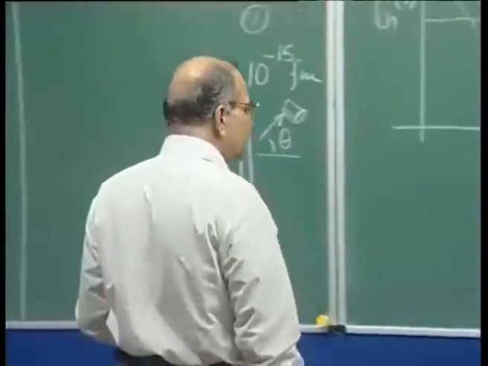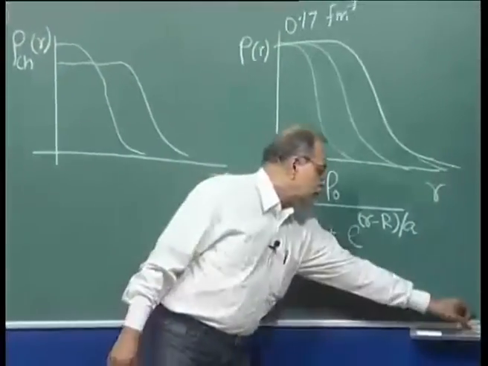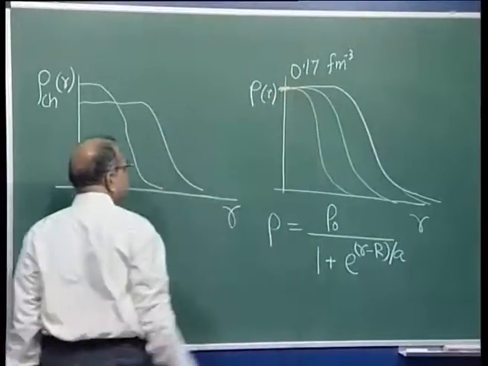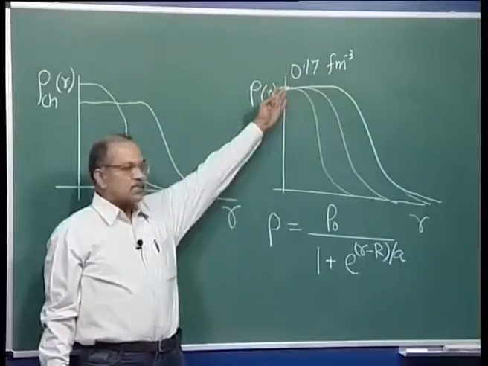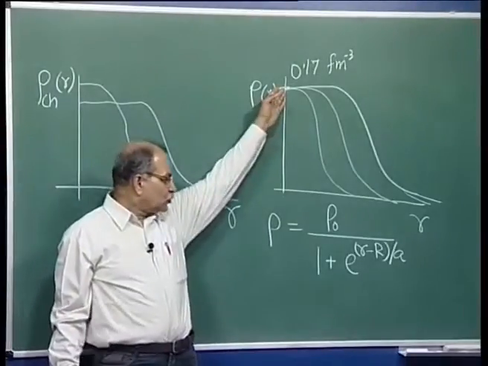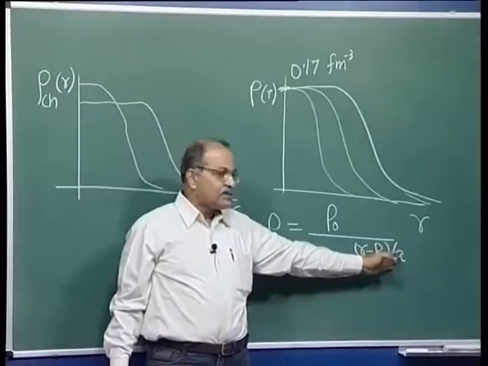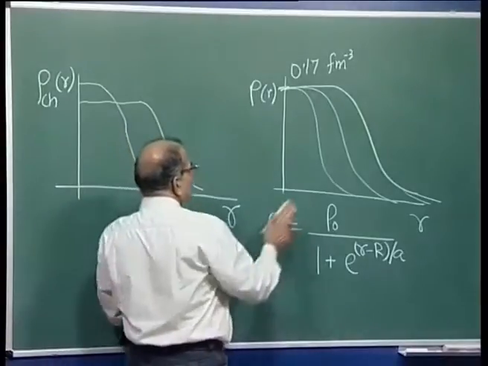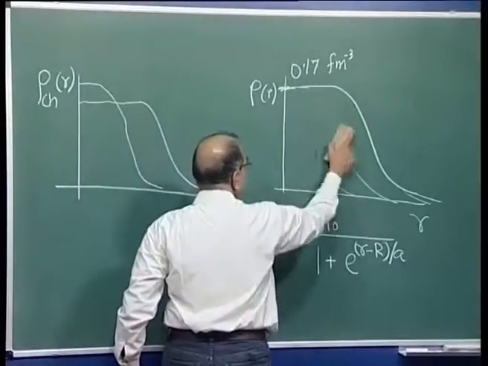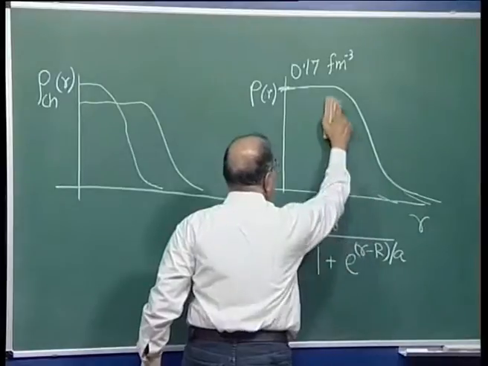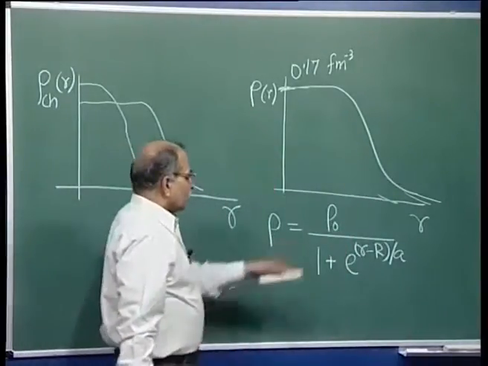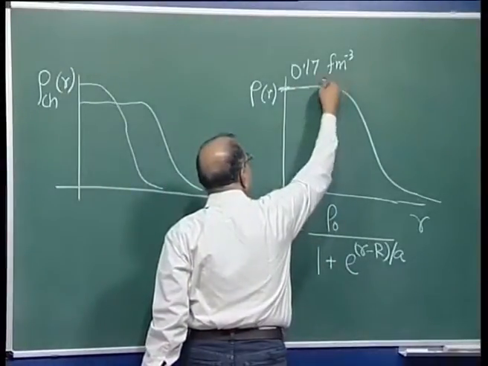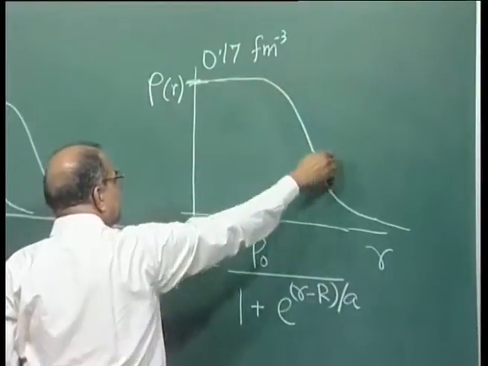If you look at this function more closely, this rho naught is almost this value, and then there are two more parameters, this capital R and this small a. To understand the function better, take one curve. It is almost constant up to a certain r and then gradually decreases.